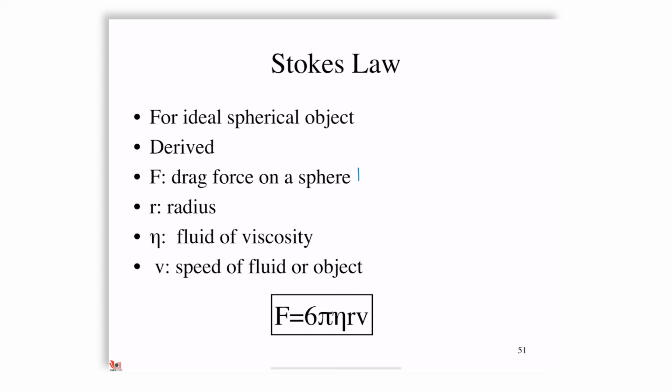So we say that F is equal to 6 pi into eta, which we want to use as SI units, is 10 to the power minus 3 Pascal second. R for a bacterium is micron scale, so 10 to the power minus 6 meters. V is 30 microns per second. So we say again tens of microns per second.